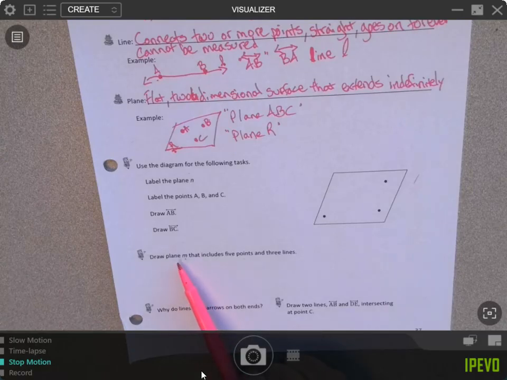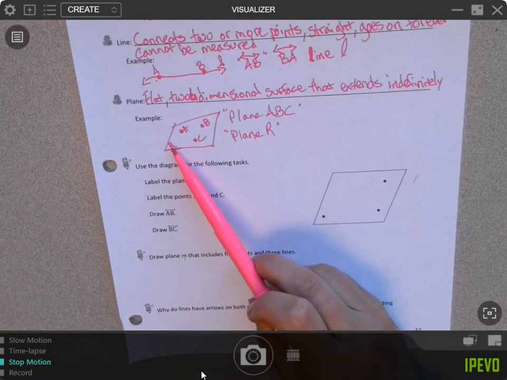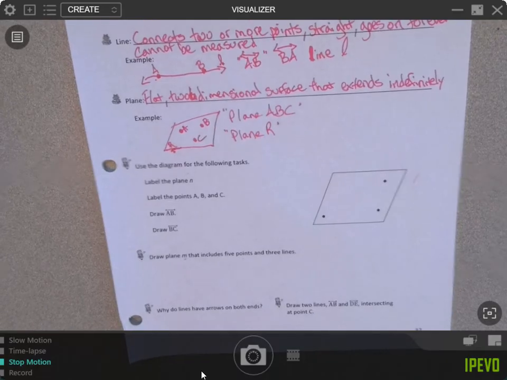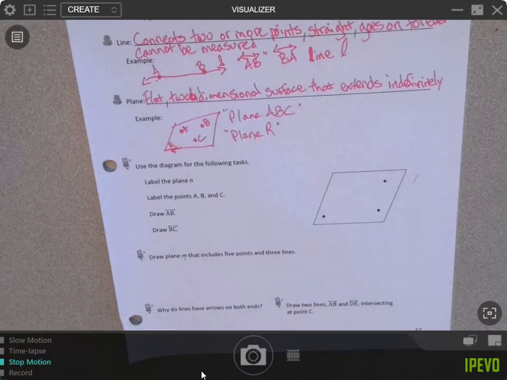And if you're labeling a plane, you just put it off to the corner with the letter, no point, right? If it's the name of a plane, you don't put a dot next to it. Then answer your 2 questions on the bottom. Do we have any questions on what we're doing in today's assignment?